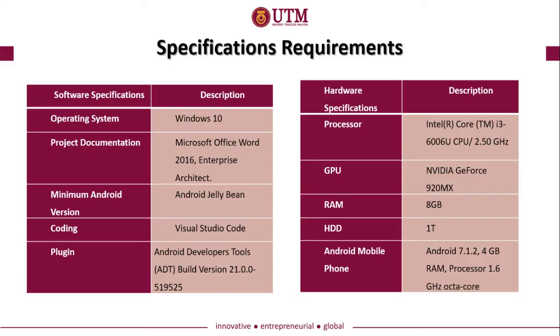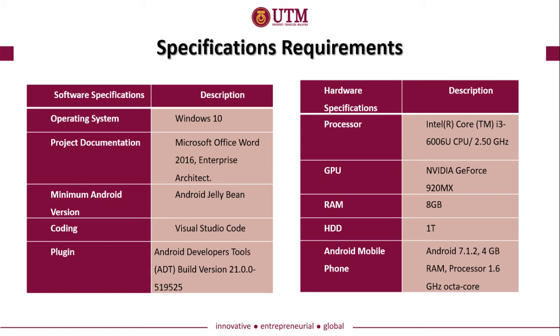Next, I will show you the specification requirements for software and hardware. The software requirements are an important part of integrating the mobile application development process with the current host system. So in this project, I use an operating system of Windows 10, and I used Microsoft Office Word for the project documentation and also Enterprise Architect for designing the diagrams.